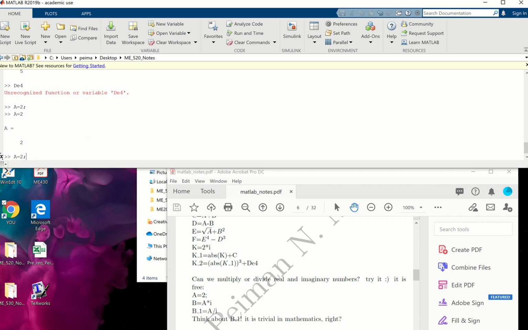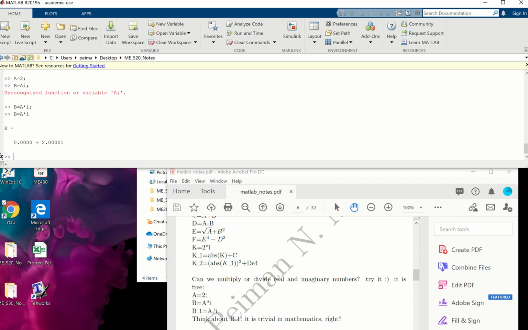But when you put the semicolon, it's only saving 2 inside the a. That's right. And the b is 2i. That's right. So 2 i has no meaning, so you have to say 2i. Now it has meaning. That's right. This is very different, guys.